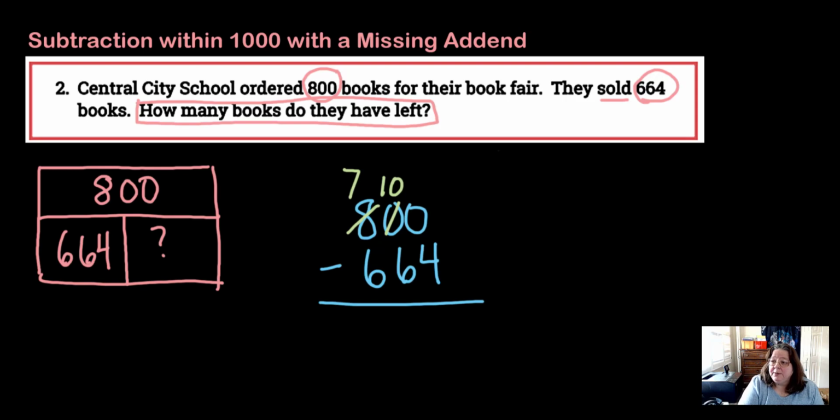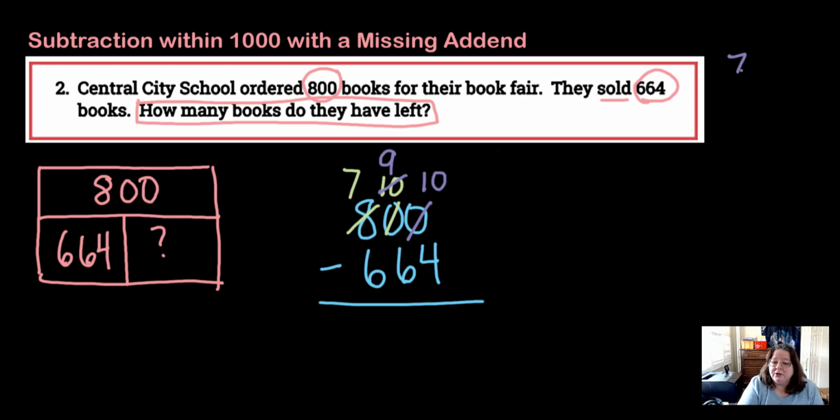Well, that will only get me so far. I have to do it again, because I still cannot subtract my ones. So I have 10 tens. I'm going to regroup and take one of those tens so that I'll have 9. And then we will have that 10 over here.